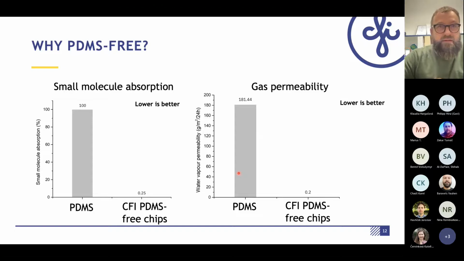So in one case it's fine, because if it's gas permeable, you can use such PDMS chips to grow the cells very easily, because cells require a CO2 level and a specific composition of air.